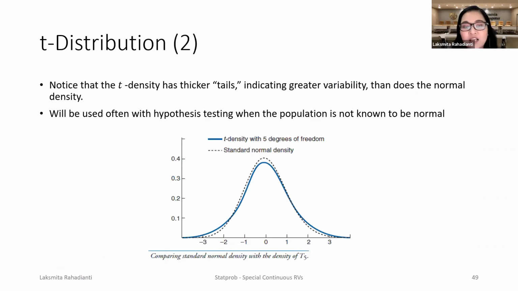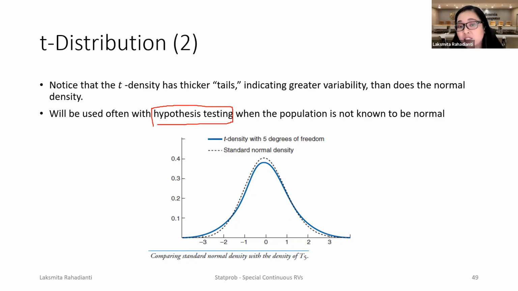See that they have thicker tails than the normal distribution, and that indicates greater variability. And this will be used, I'm going to write this here, when you do not know for sure that the population is normal. So when you collect data, you have a series of data.